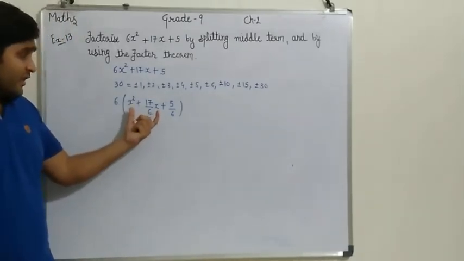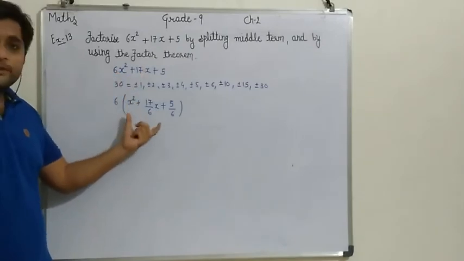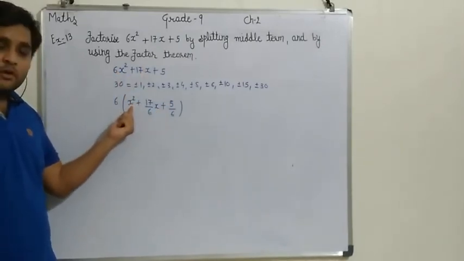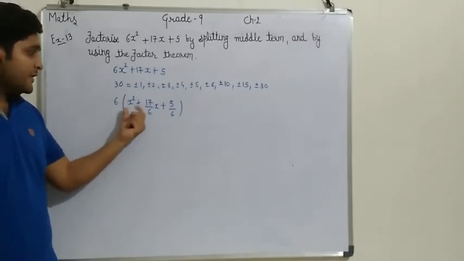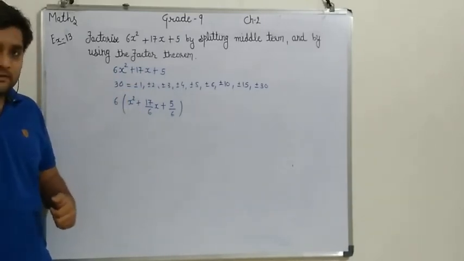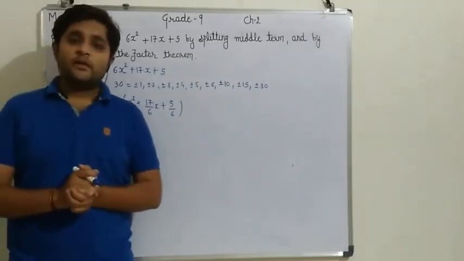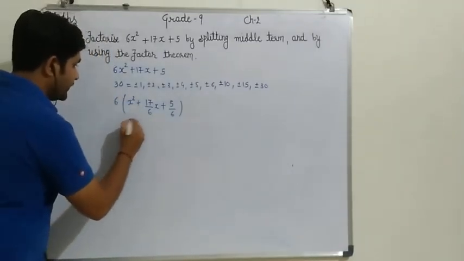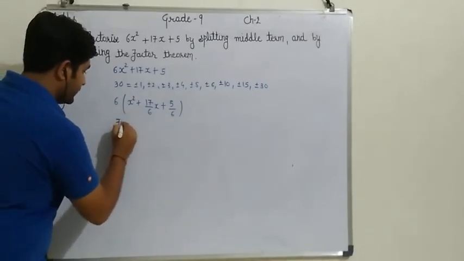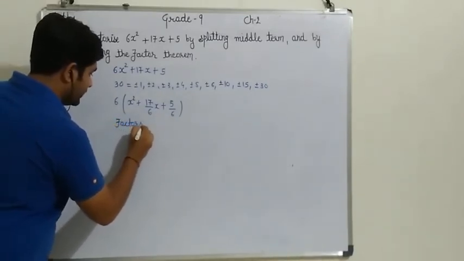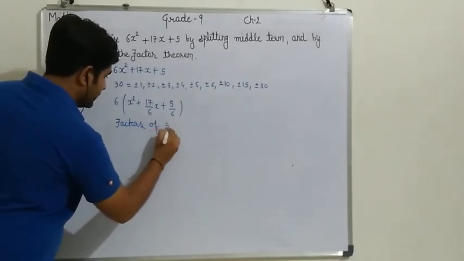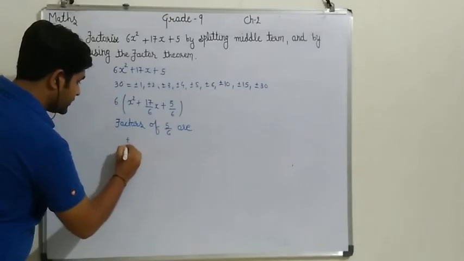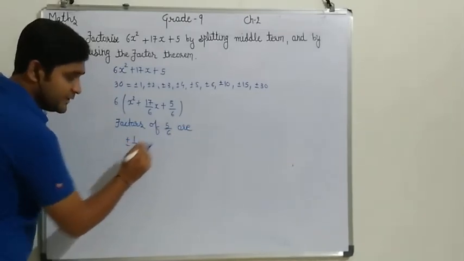Now the same process for this polynomial. The coefficient of x square is 1, so 5 by 6 multiplied by 1 is 5 by 6. Now we have to find the factors of 5 by 6.